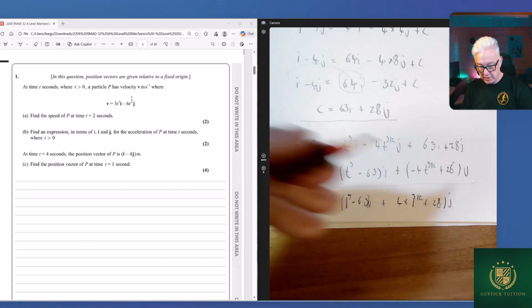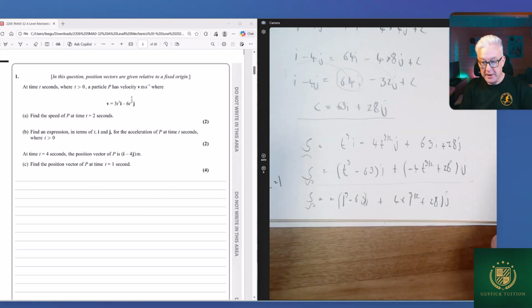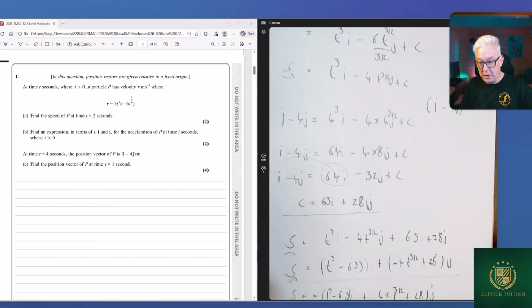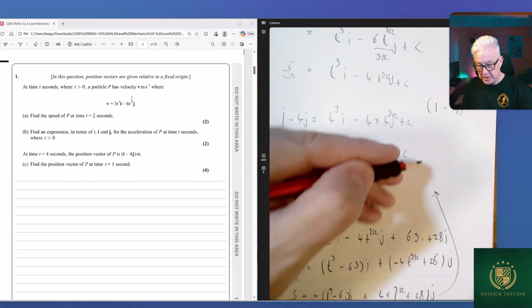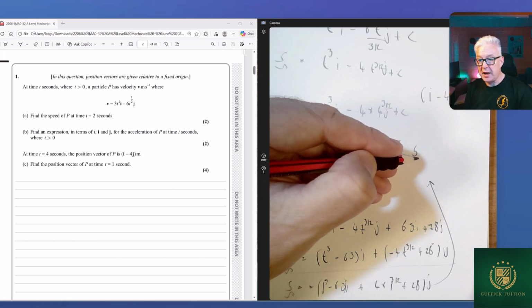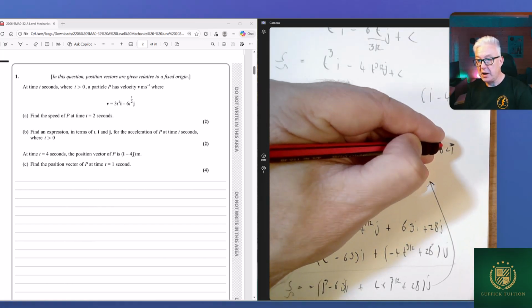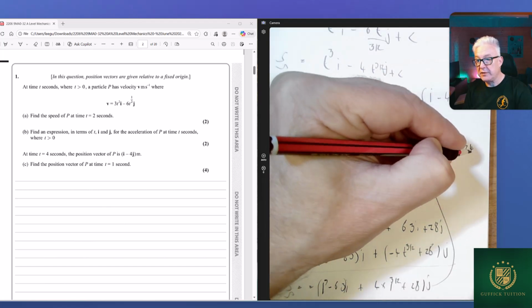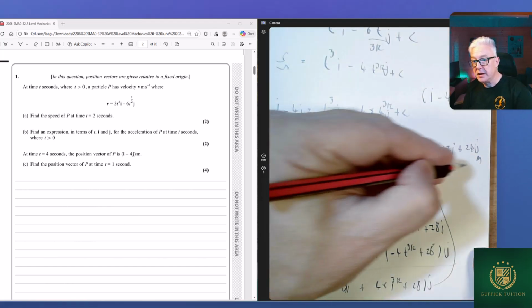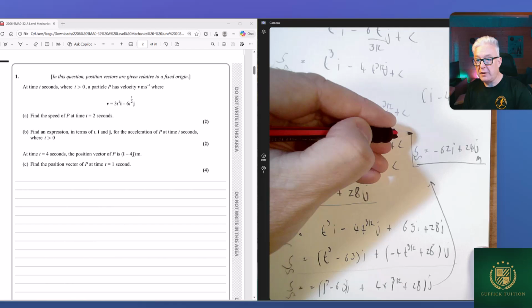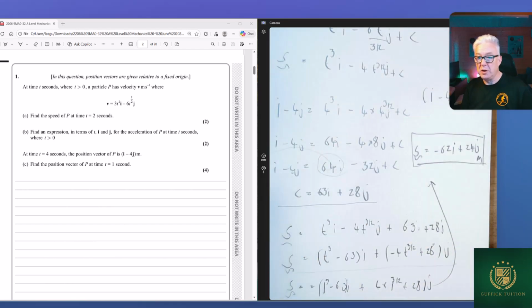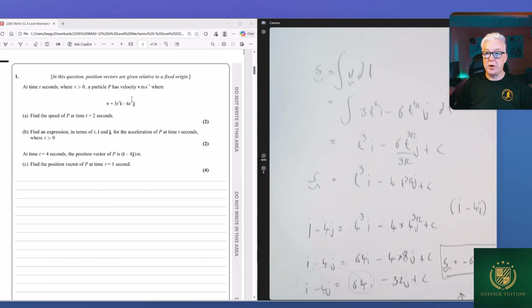And when we work that out, we were out of space there, I'll go up to the top and write it in a space up here. So when we write that out, that gives us our answer: s is equal to minus 62i plus 24j meters.